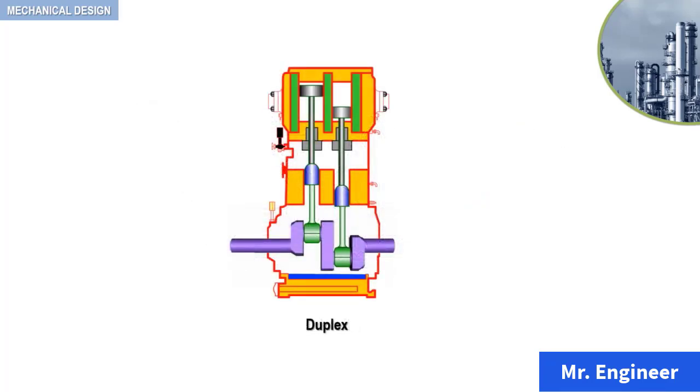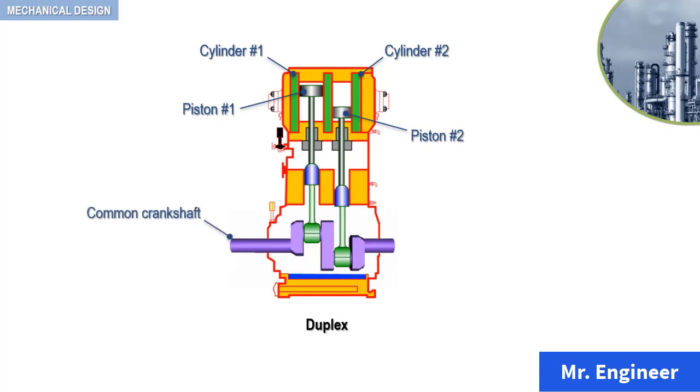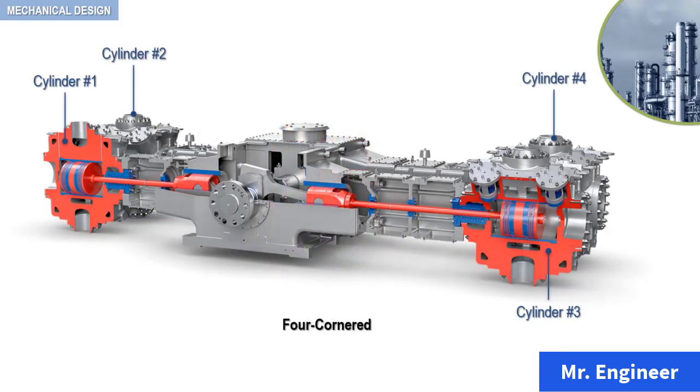Duplex reciprocating compressors, as seen here, are machines with cylinders mounted on two parallel frames connected through a common crankshaft. Next, four cornered motor-driven reciprocating compressors are of the duplex type with one or more compressing cylinders on each end of each frame.